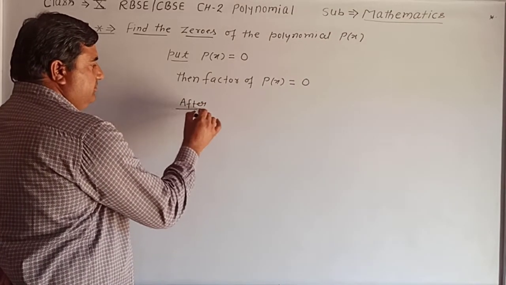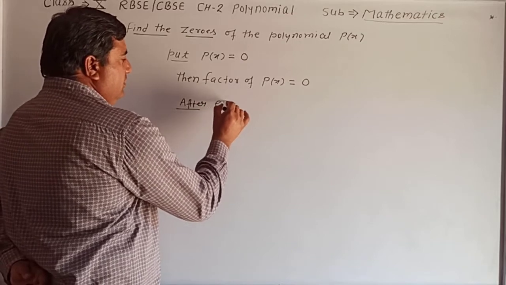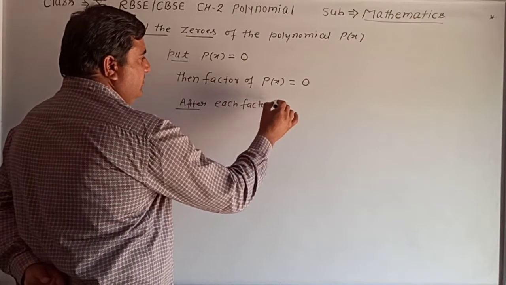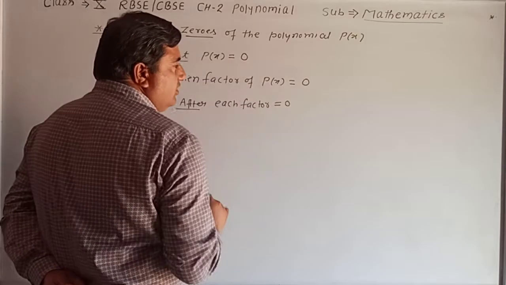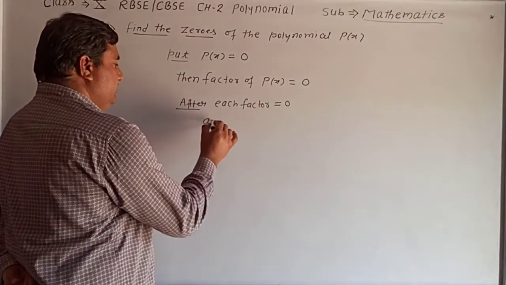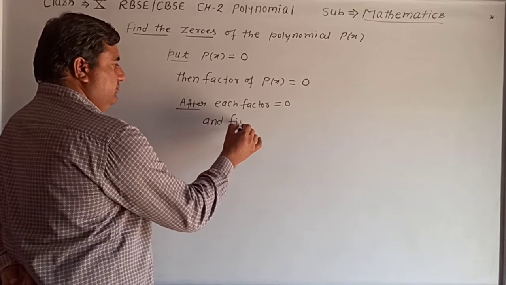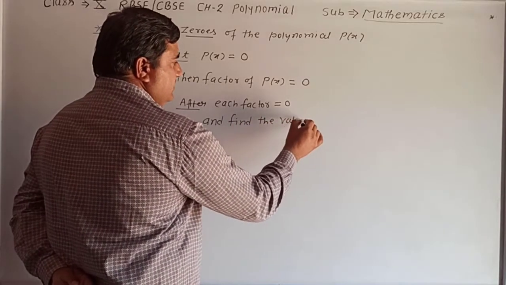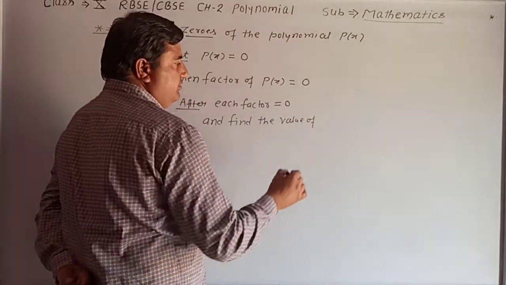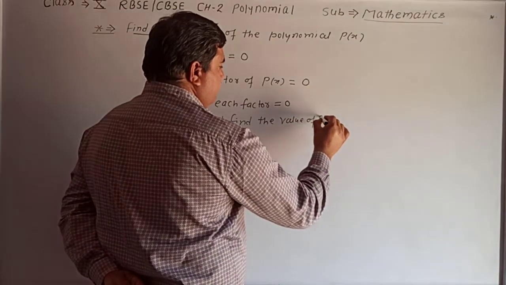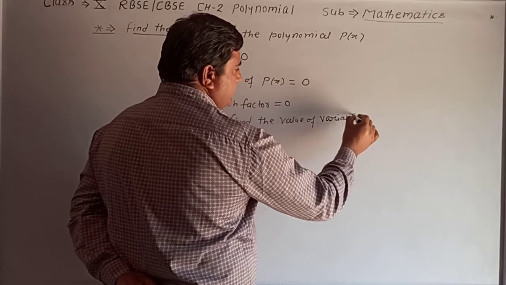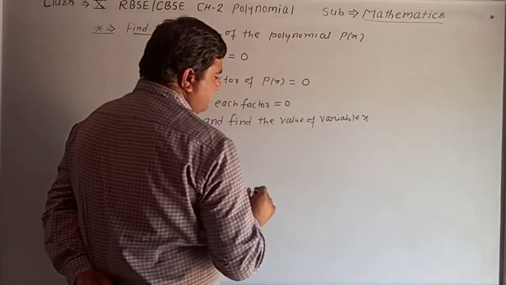After that, each factor equals to 0 and find the value of the variable x.